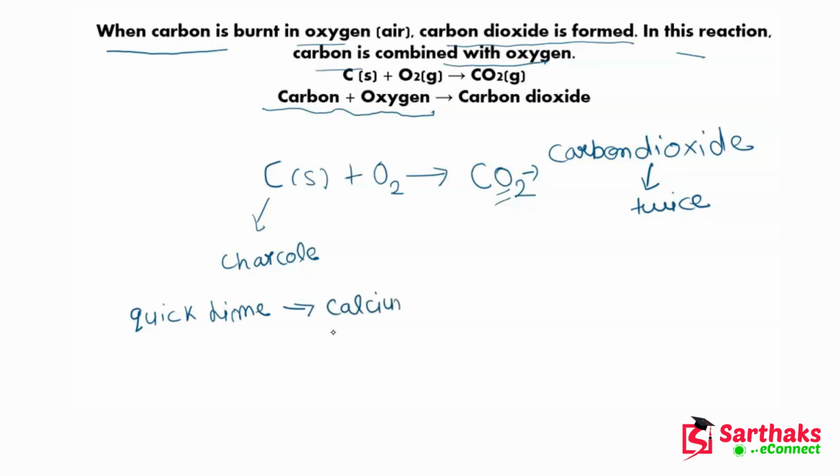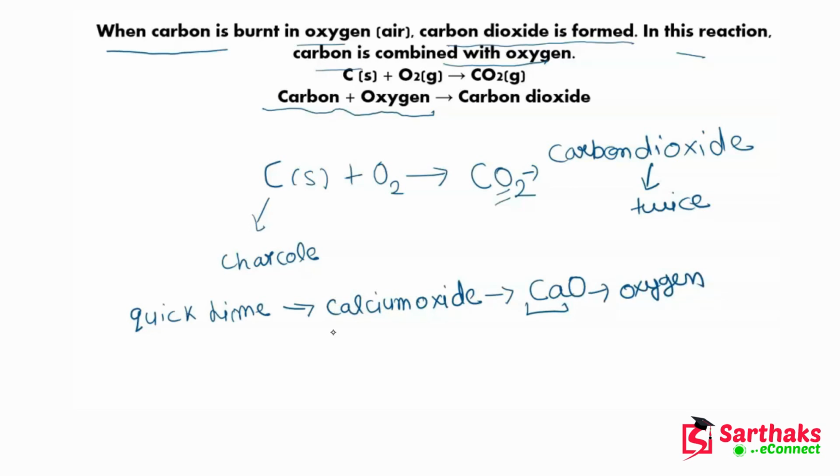And what is the chemical formula of calcium oxide? The chemical formula of calcium oxide is CaO. Here it is calcium, and this is oxygen. So this is calcium oxide.